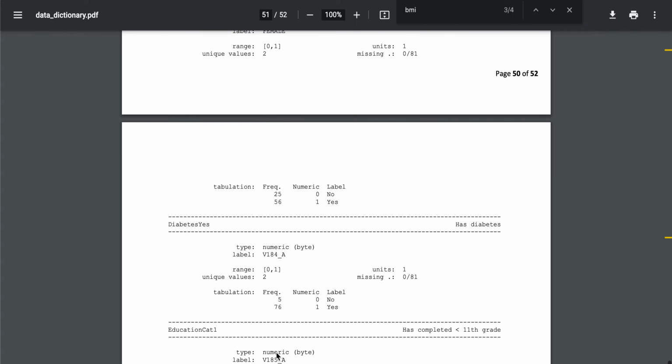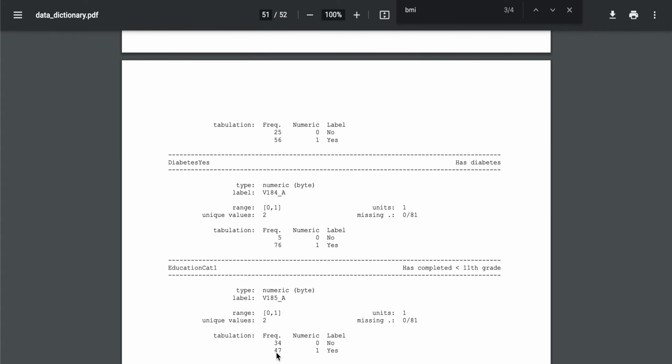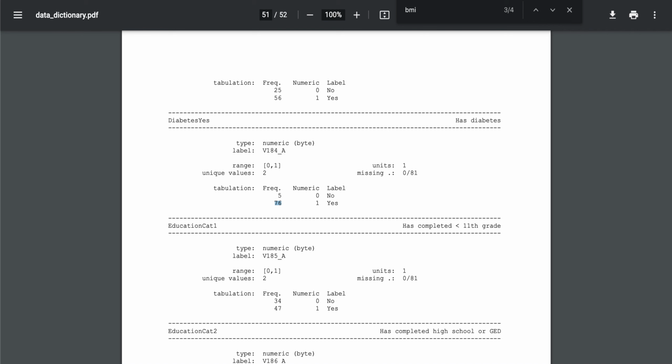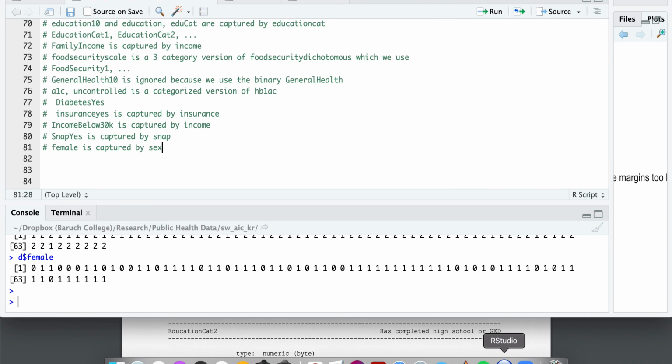And then we have diabetes. Yes. 76 said yes. I don't know. Again, if all the individuals have the same value or category, then that feature, that characteristic is not informative.